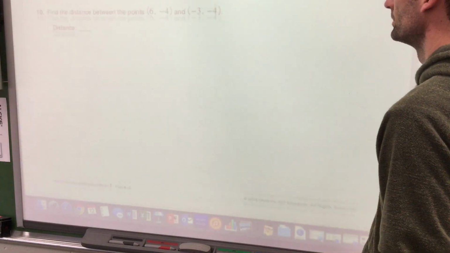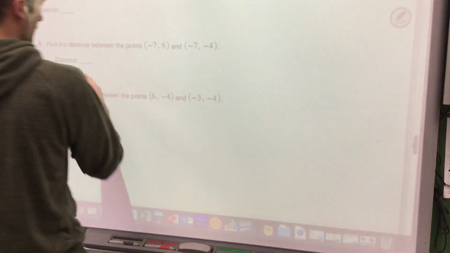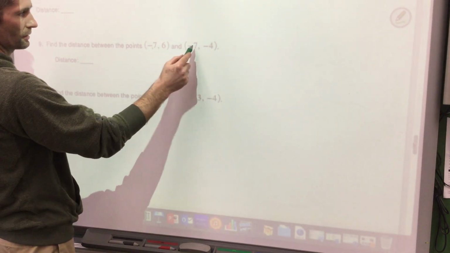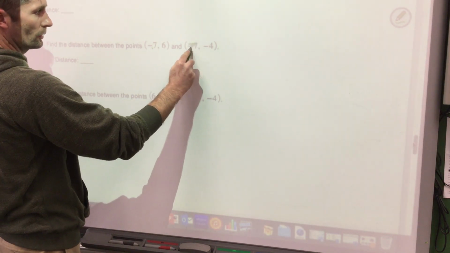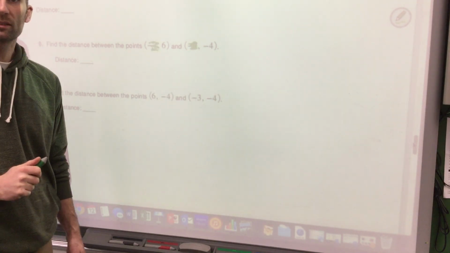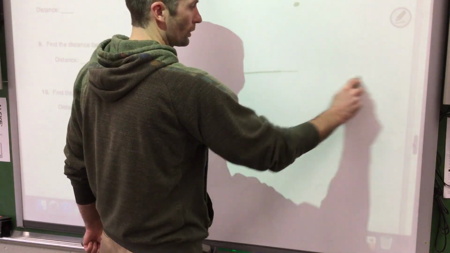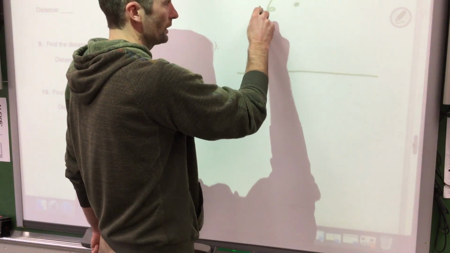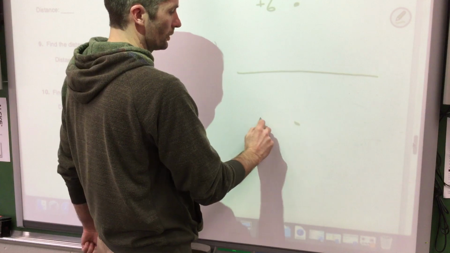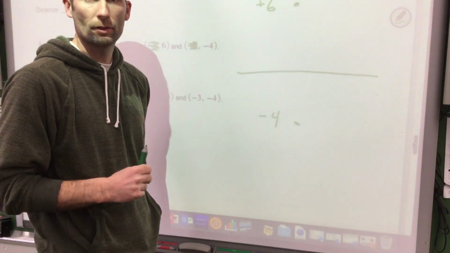Okay, number 9. Okay, so now you don't have a graph. Find the distance between these points, negative 7, 6, negative 7, negative 4. So ignore the negative 7s, they're the same. So we're finding the distance between 6 and negative 4. Okay, so if here's ground level, and this is 6 feet above, and this one's 4 feet below, they're not too apart from each other.